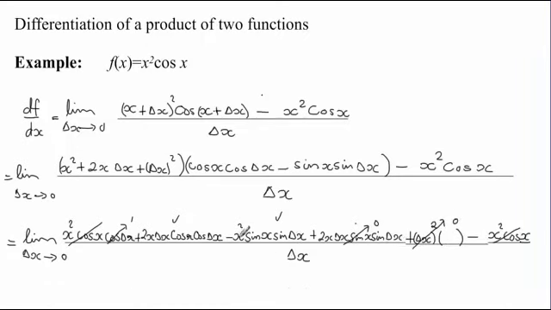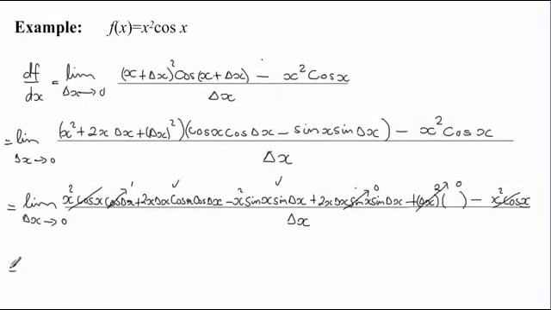So what we're left with in this quotient is the following. We write the limit as delta x approaches 0 of the following expression.